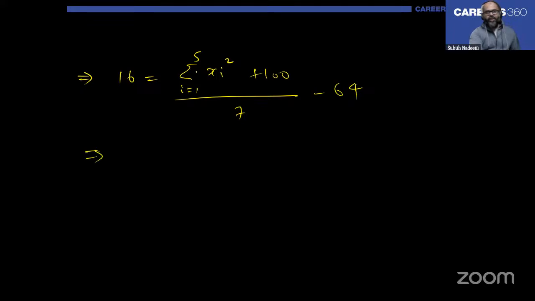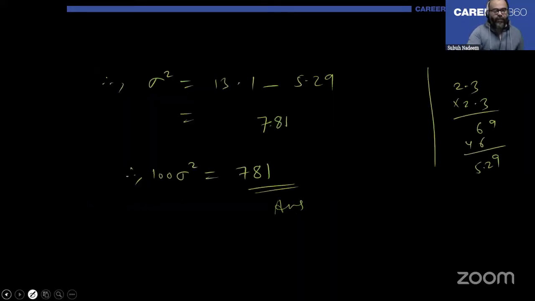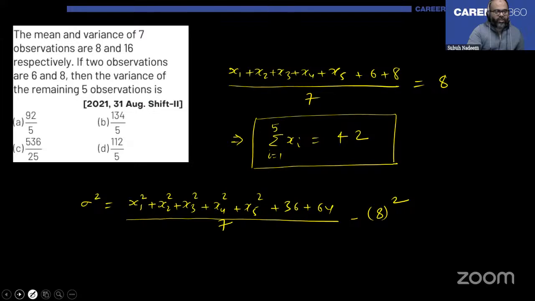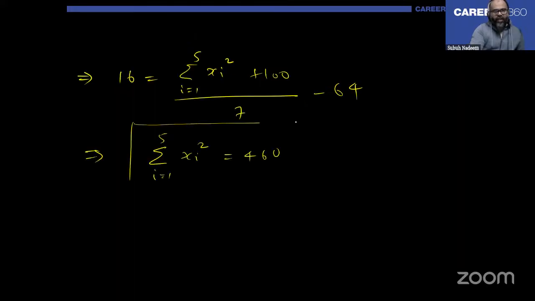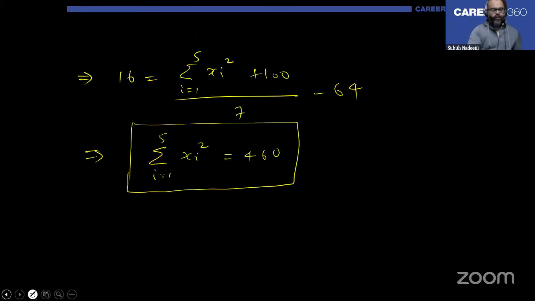So 64 plus 16 here will be 80. 80 into 7 is 560. And 560 minus 100 is 460. So sigma of xi square, i equal to 1 to 5, is equal to 460. This is another relation for these 5 observations, which we don't know.